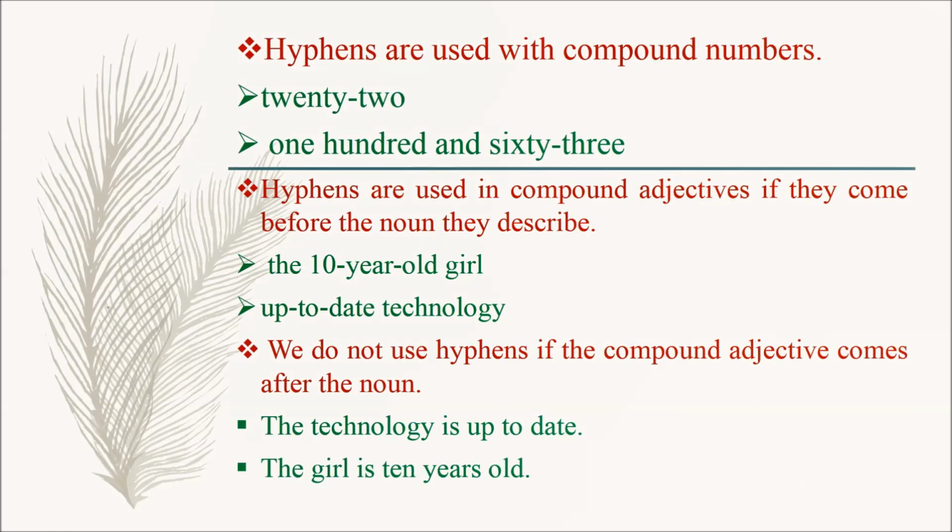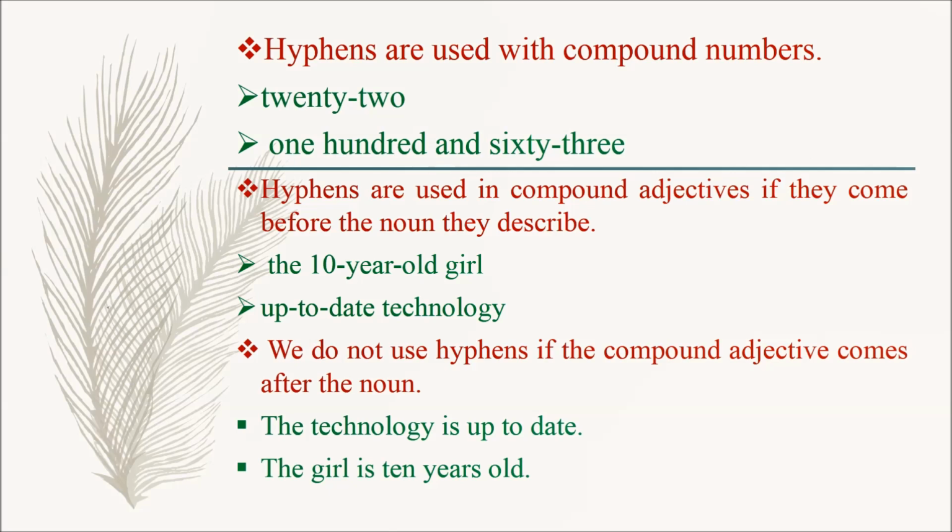Then hyphens are used with compound numbers. Examples are twenty-two, one hundred sixty-three. Then hyphens are used in compound adjectives if they come before the noun they describe.